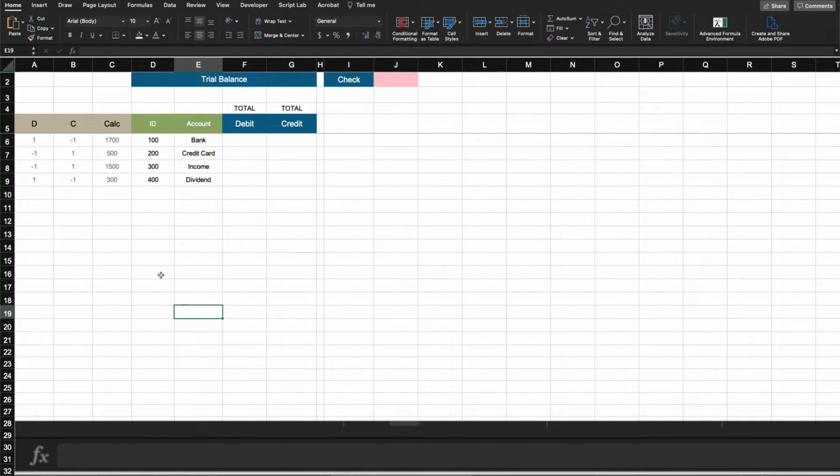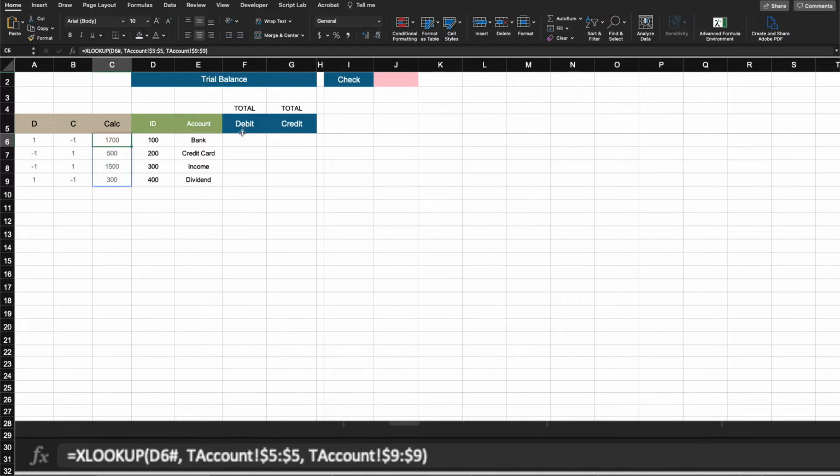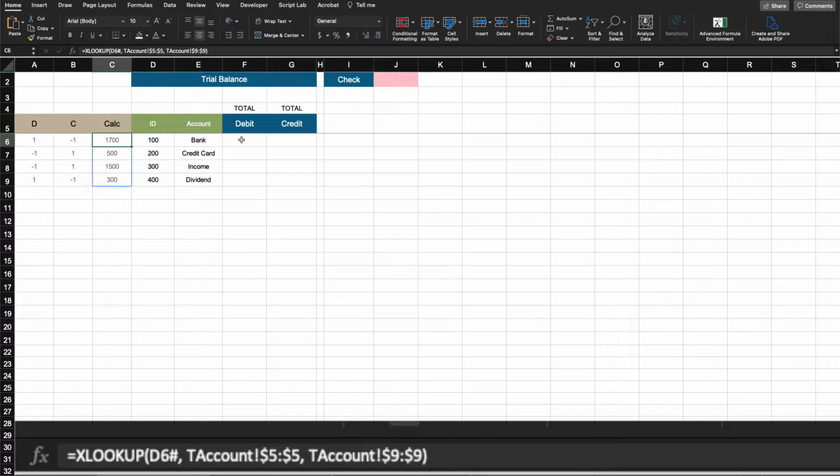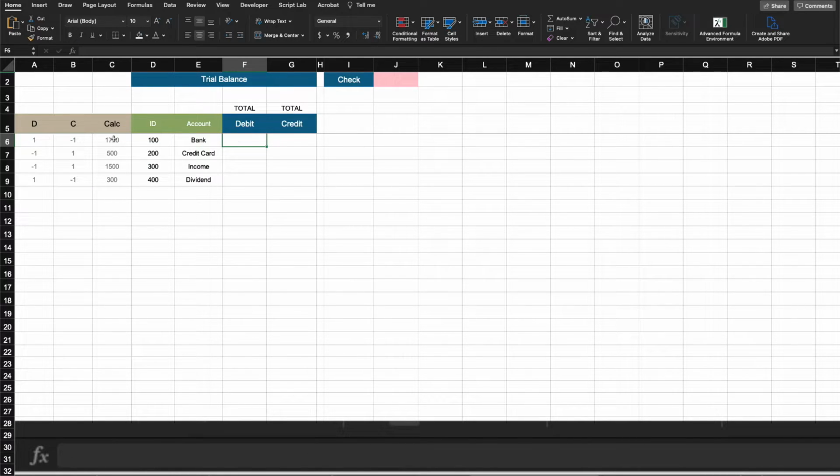So now what is the goal? This amount has to go in either the debit entry or the credit entry, and what would be the rule for that? For example, the first account is a bank, which is a debit account, the D side is positive, and if the amount is positive, then it's going to go into the debit side. But had the amount been negative, let's say you went into overdraft, then it's going to go into the credit side. So how do we put side in a formula?